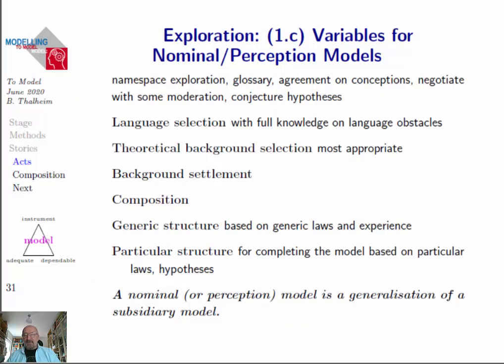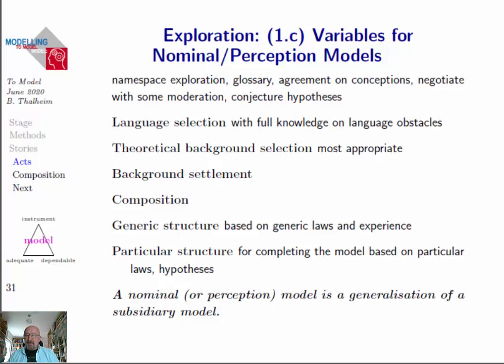Then we can have a number of variables to consider, especially variables for our perception models and maybe for our nominational models. The nominal models include, of course, something like a proper language selection, a proper theoretical background selection, a background settlement that comes together with a deep model.